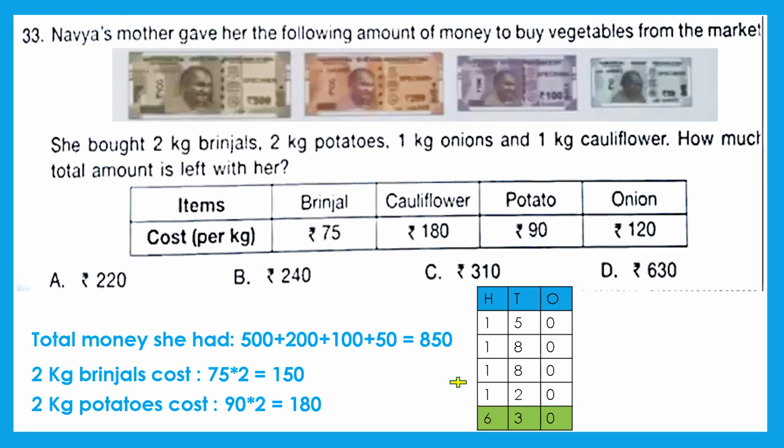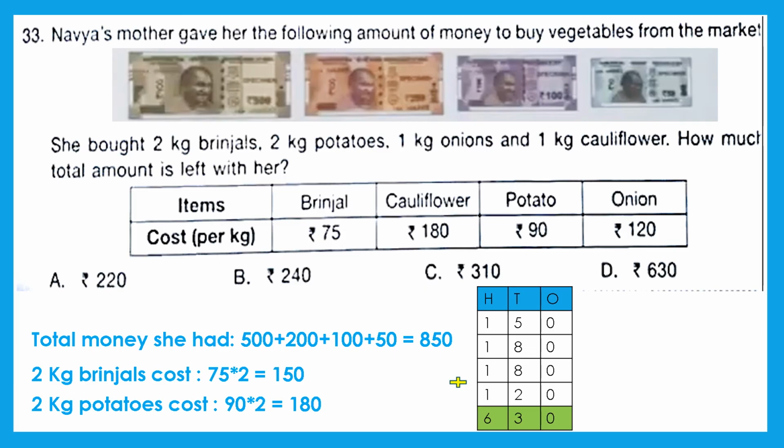What we have to do is first add the total amount which she has spent. That is 150 rupees for brinjals plus 180 rupees for potatoes, 180 rupees for cauliflower and 120 rupees for onion. That is 630. In total she spent 630 rupees.